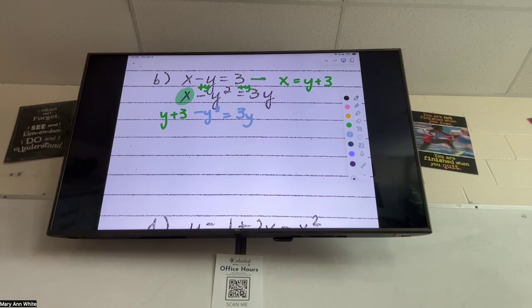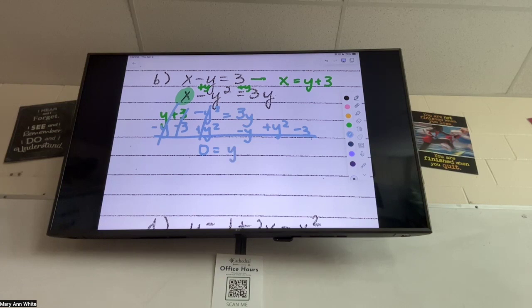Okay, let's add that y squared to both sides. Let's minus y from both sides, and let's minus 3 from both sides. And once everything cancels out of that left side and I'm left with 0, I am going to put the right side in order.